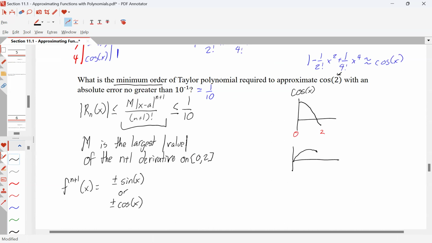It does not get all the way back down. And this point here and the top of that curve for sine are both at pi over 2. This is pi over 2.